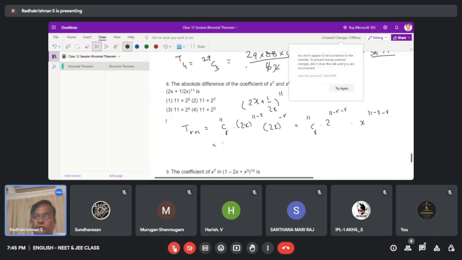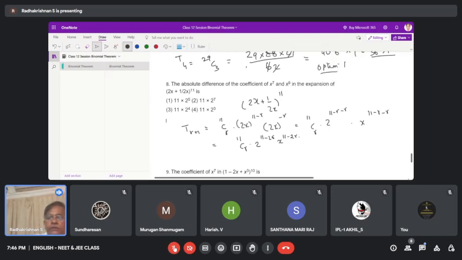So you get T(r+1) is 11Cr 2 power 11 minus 2r x power 11 minus 2r. So this is what you have to first write down, T(r+1).